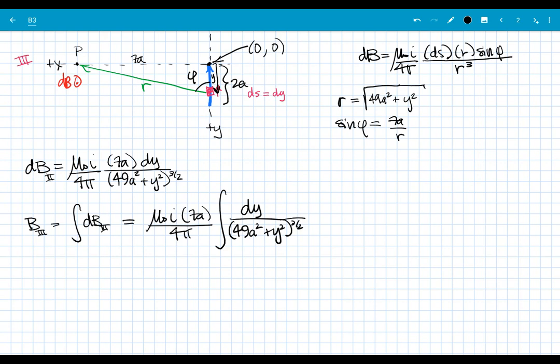Here I will be integrating from y equals 0 to y equals 2a. All right, so that'll be my integration. I will integrate and evaluate this at those bounds. And once I do that, what I will have here, actually, you know what, I'm going to write that over here.